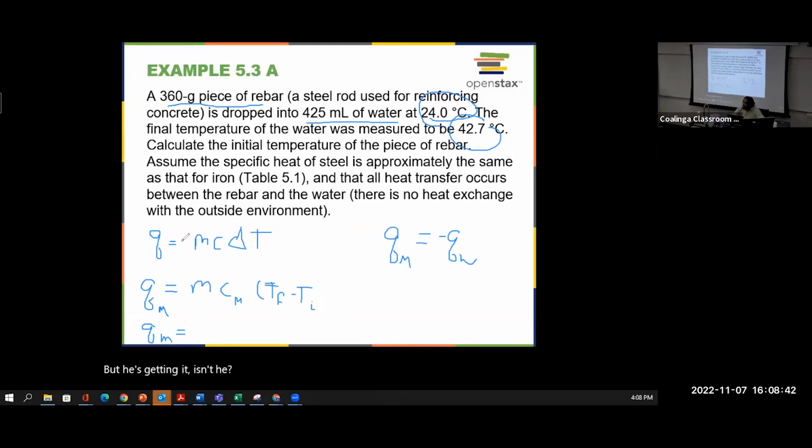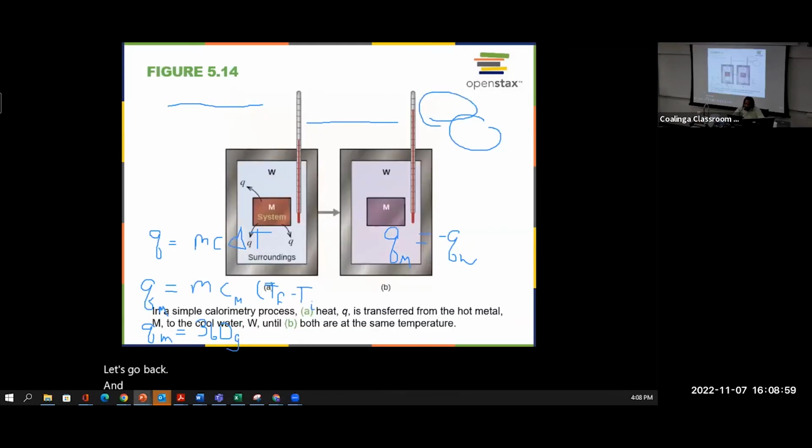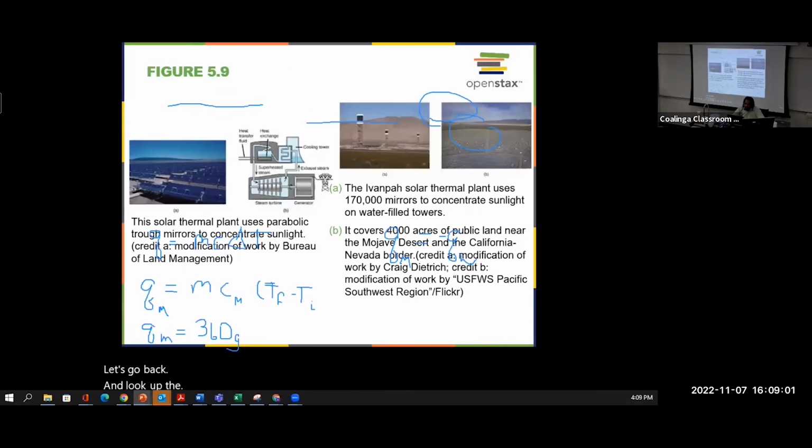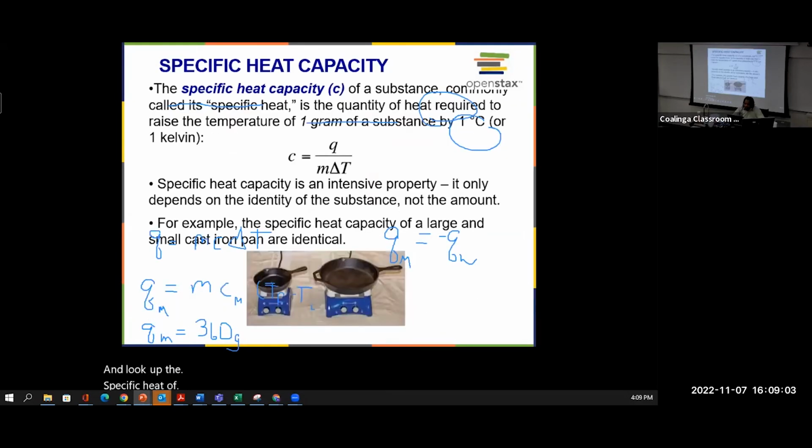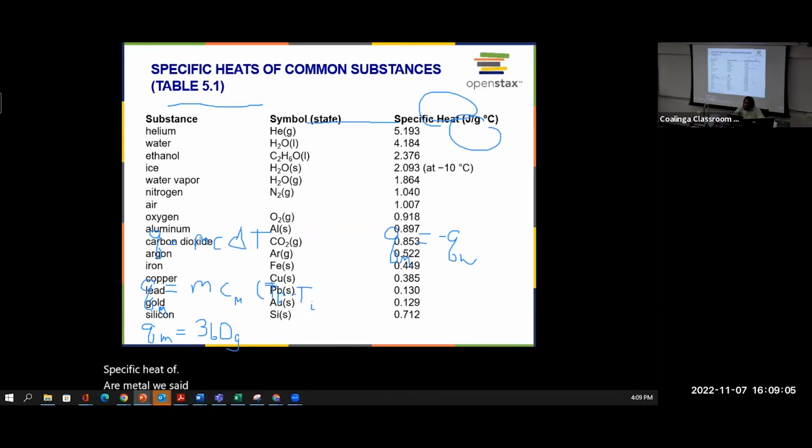So we know the rebar weighs 360 grams. So we'll have to look up the specific heat of the metal. We said it's iron, it's rebar of iron, so that's 0.449.